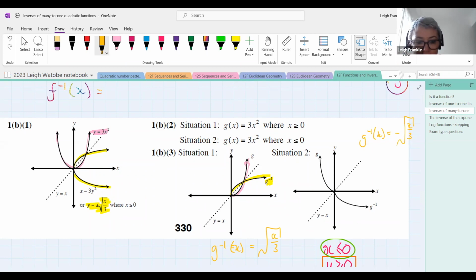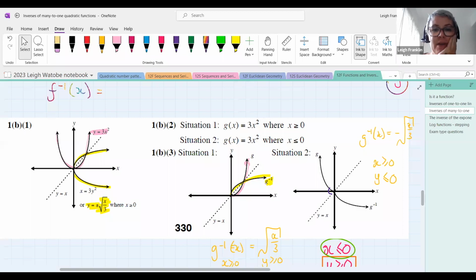Over here, our domain is x is greater than or equal to 0, our range, y is greater than or equal to 0. Over here, our domain is x is greater than or equal to 0, our range, y is smaller than or equal to 0. Did that go okay? Is that what it looked like? Are you happy? Is it making sense?